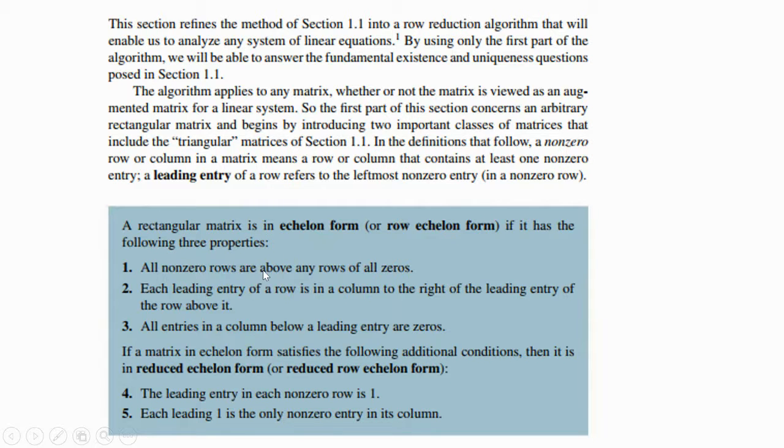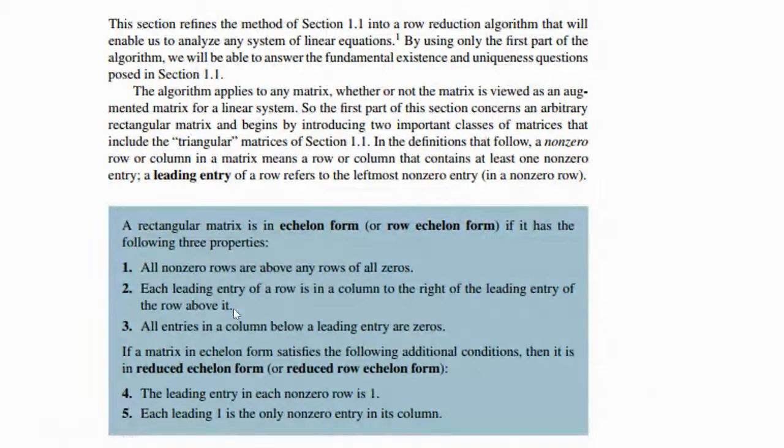First, all non-zero rows are above any rows of all zeros. That means any rows of all zeros are at the bottom, so you have to reorganize things so that happens. The second defining criterion is that each leading entry of a row is in a column to the right of the leading entry of the row above it.